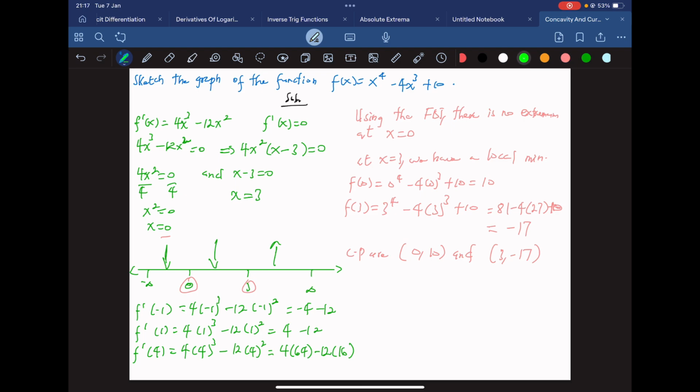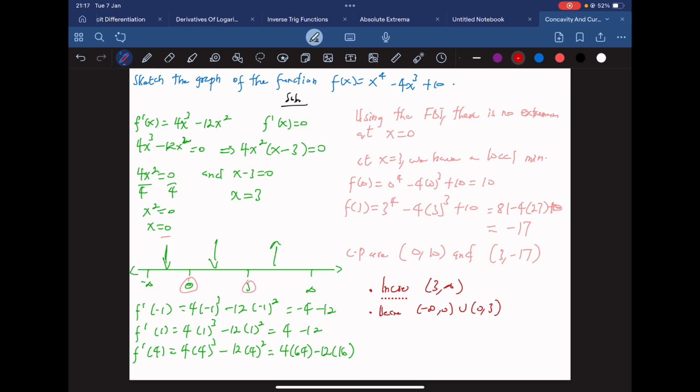Also, we can have one set of information over here. We can see where the function is increasing. So it's increasing on 3 to infinity, and it's decreasing from negative infinity to 0, then from 0 to 3.